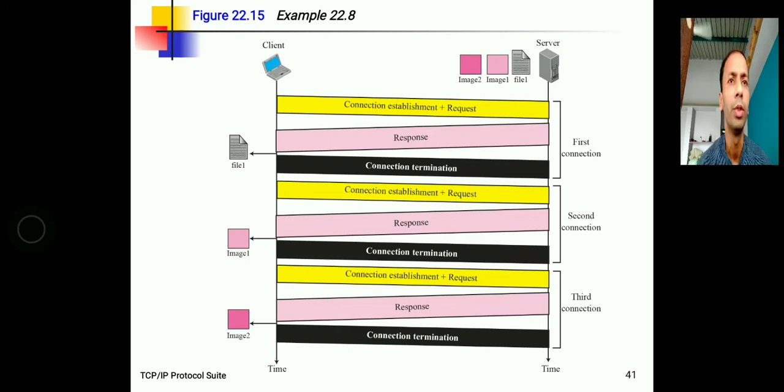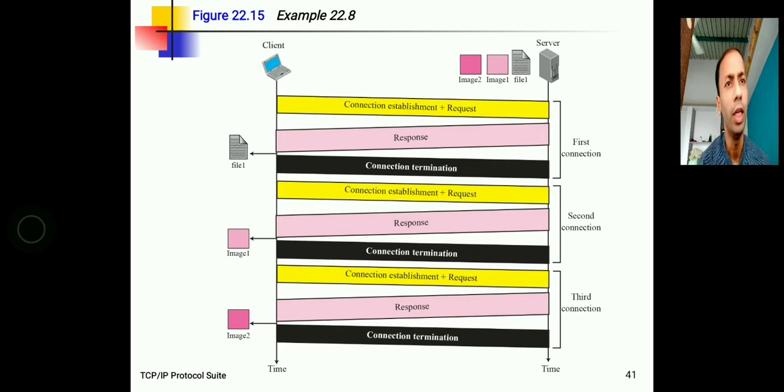Now what is the first interaction done by the client? The client makes the connection establishment request to the server along with the actual request to retrieve File 1, which is indicated in this diagram by the yellow stream. At that time the server accepts the request of establishing the connection, and at the same time accepts the request and sends the reply back to the client.